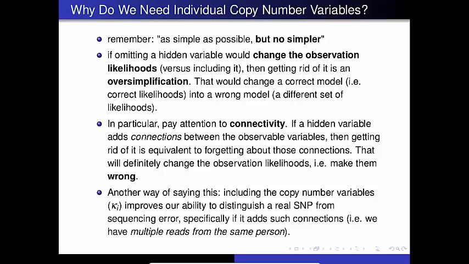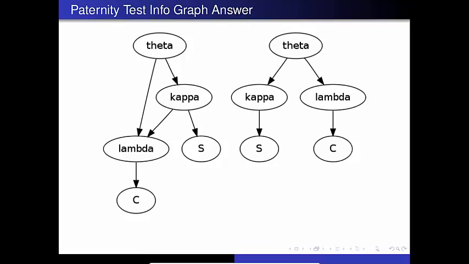One point that I want to get at here is the issue of the individual copy number variables representing hidden genetic states, things like kappa, and how they matter here. Just to go back to our model, one very clear reason why we had to have kappa and lambda in this picture is because they are what connect the observations S and C in our dad model, right?